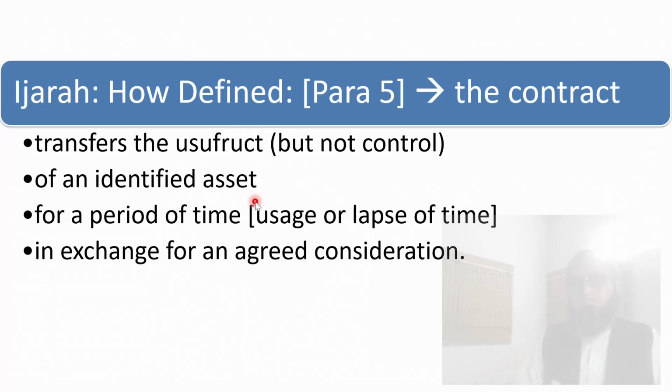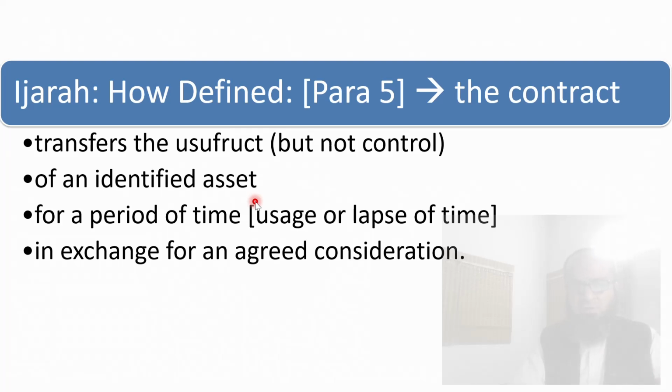So the asset remains in the control and ownership of the lessor. There has to be an identified asset, and there has to be a period of time, either in terms of lapse of time or in terms of usage. For example, 200 kilometers of usage for a car in exchange for some consideration. So these are the four basic pillars.